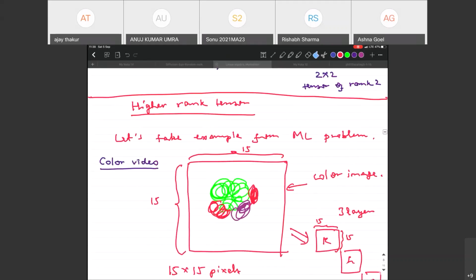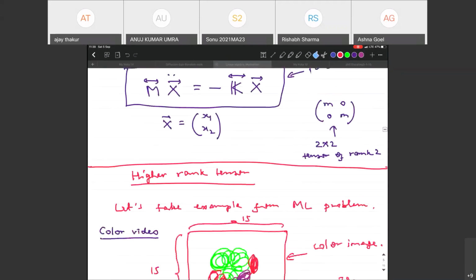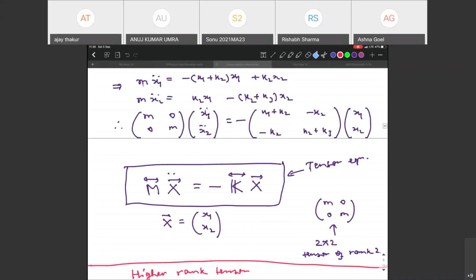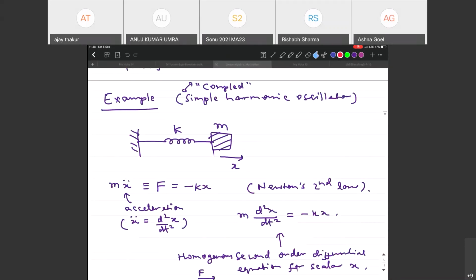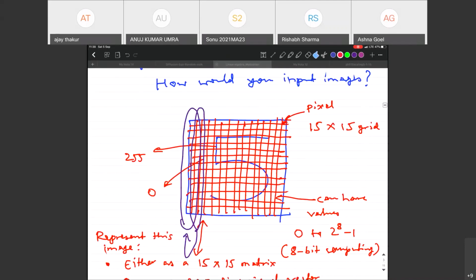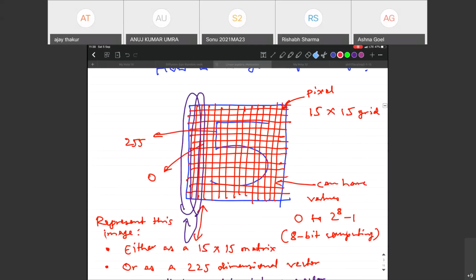Okay, so first of all, did you understand that when we were talking about a simple 15 by 15 grid, it was a rank 2 tensor? Yes, sir. It was like a matrix.